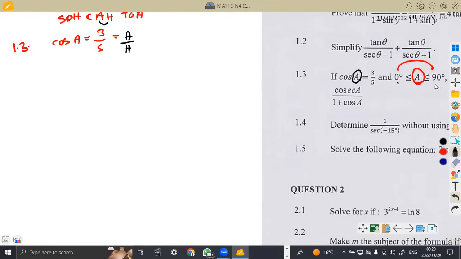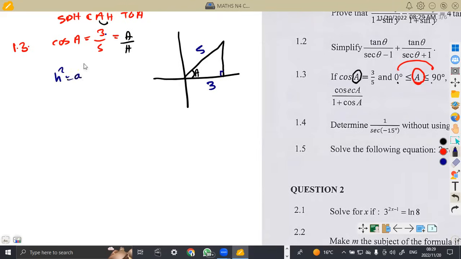And from 0 to 90 degrees is the first quadrant. You're going to have a triangle like this, where this is your A. According to this A, we've got the adjacent, which is this part, and the hypotenuse, which is this one. So definitely you're supposed to calculate the third side using Pythagoras theorem.